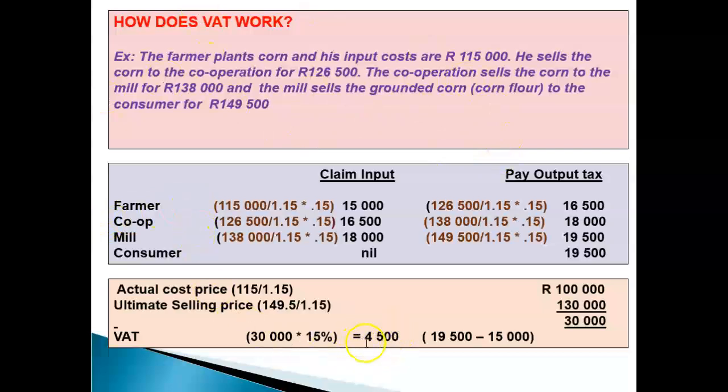He's going to lose out on the full 4,500 Rand. But with value added tax, if the mill was not all that honest, he still would have collected 1,500 Rand from the farmer. He still would have collected 1,500 Rand from the co-op. So in total, he would have collected 3,000 Rand, and he just missed out on the last 1,500. So because of the value chain being taxed as the product is moving along, the receiver of revenue has a much bigger chance of collecting the VAT that is due to him.